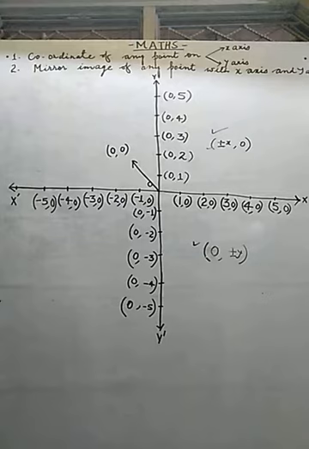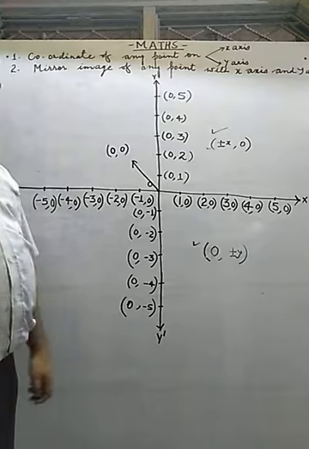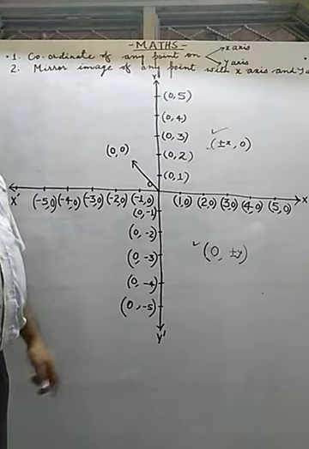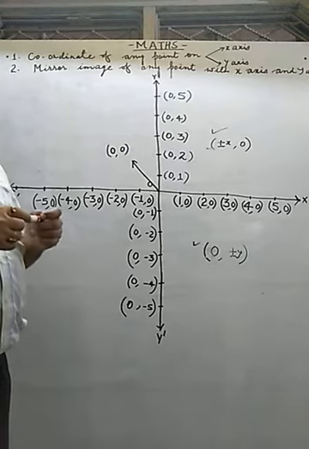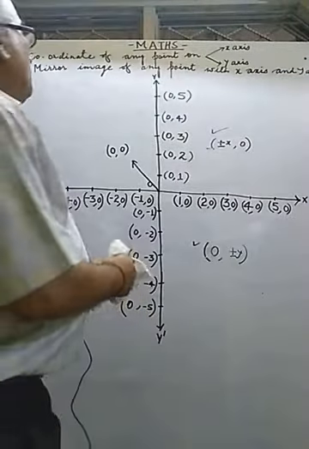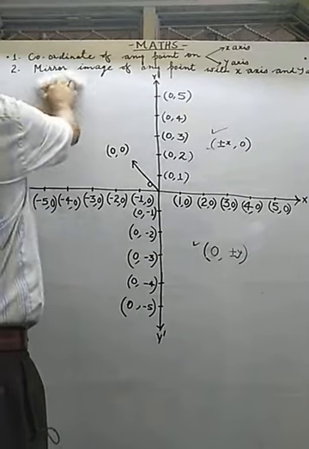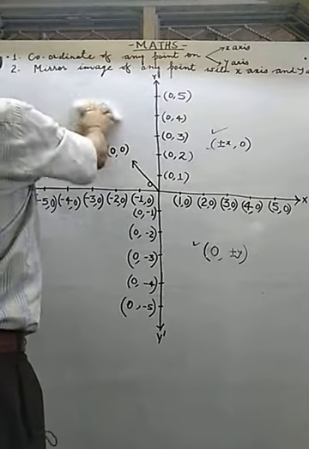Now it is the turn to study the mirror image of any point with respect to the x-axis and y-axis. Before studying mirror image, first of all we have to follow all those rules of reflection with respect to the plane mirror. You may firstly observe what the plane mirror image is.